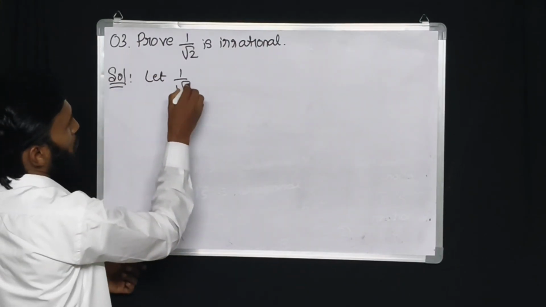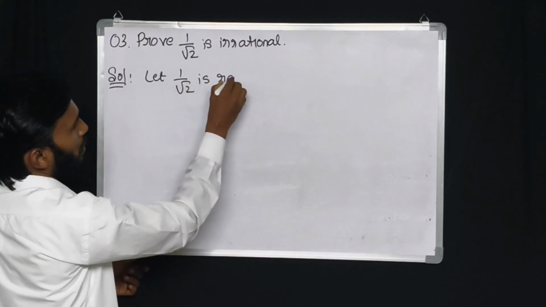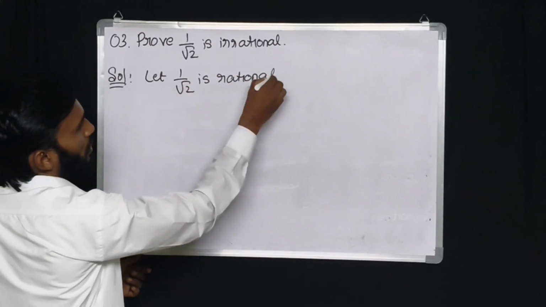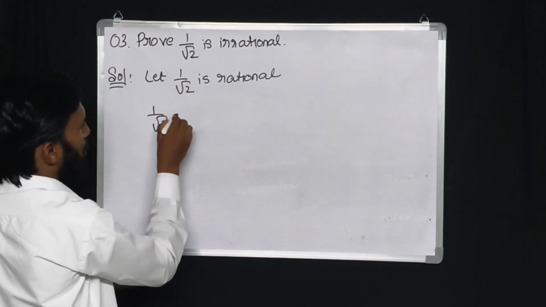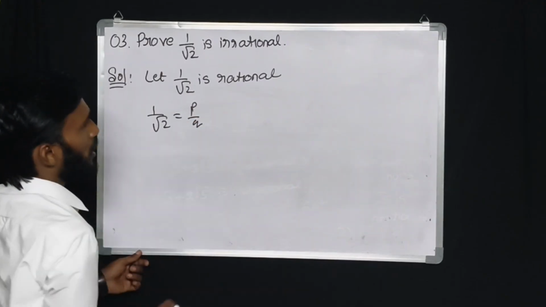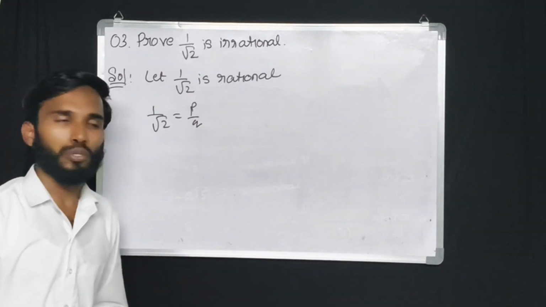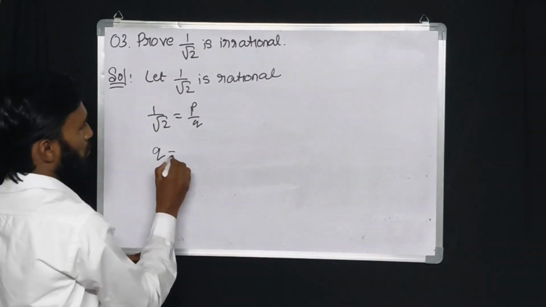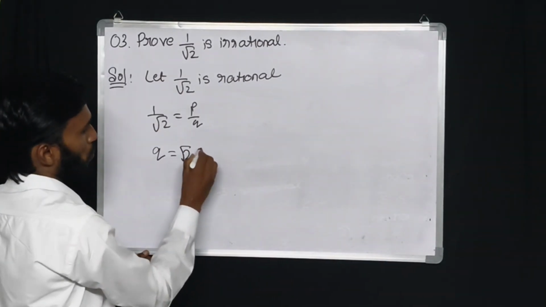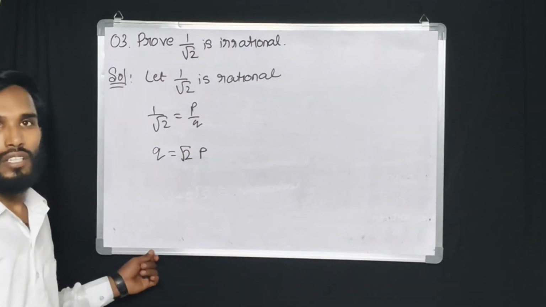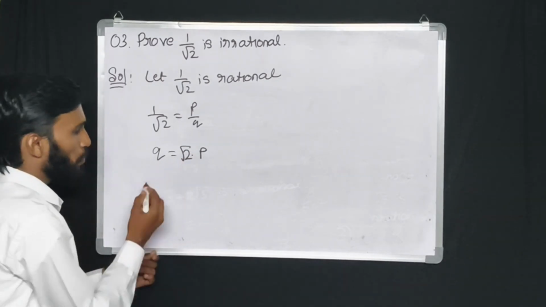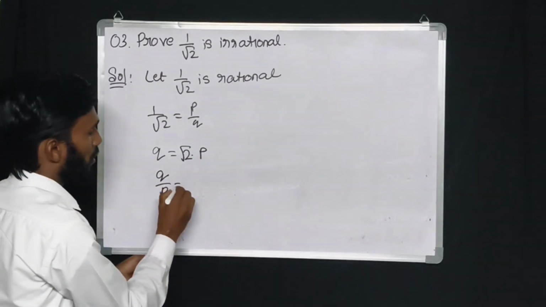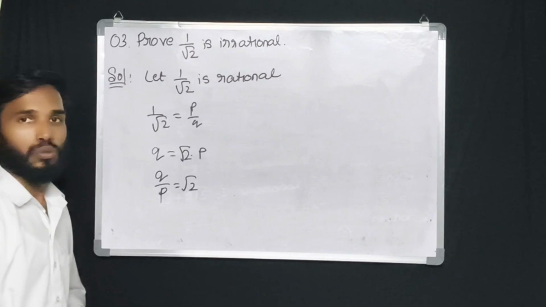Let us assume 1 by root 2 is rational, so equate it to p by q, because the rational form is p by q. Now just cross multiply: q is equal to root 2 p. Now bring this p to this side: q by p is equal to root 2.